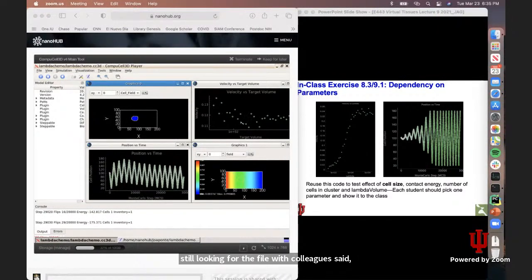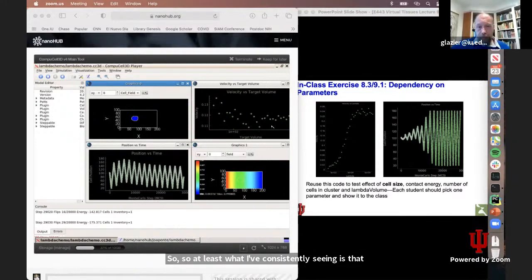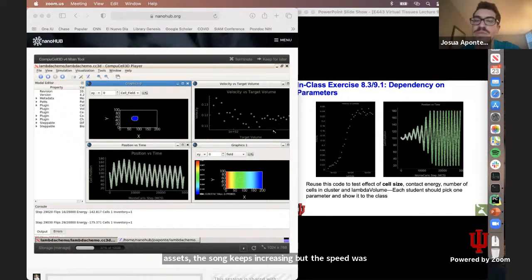At least what I've consistently seen is that as the cell keeps increasing, the speed remains relatively constant, regardless of the cell volume. In the simulations that I've run so far, the cell speed doesn't seem to change with the cell volume. I ran the simulation until the cell gets so big that the code we have to make it go back and forth doesn't work anymore.